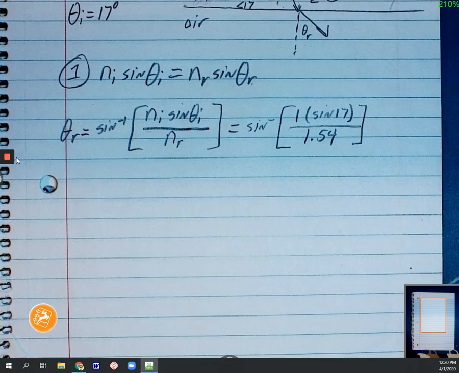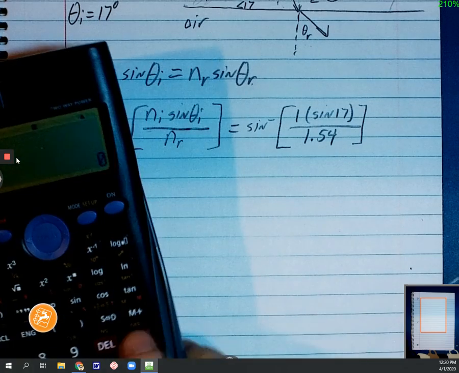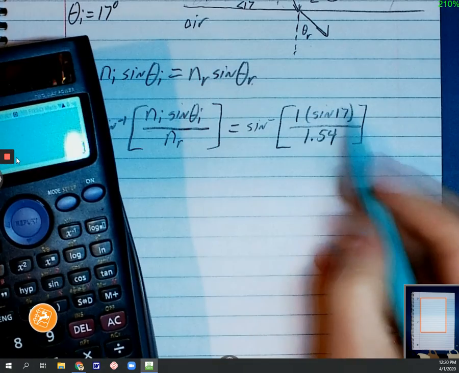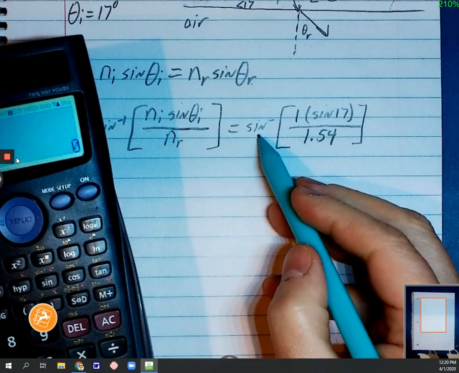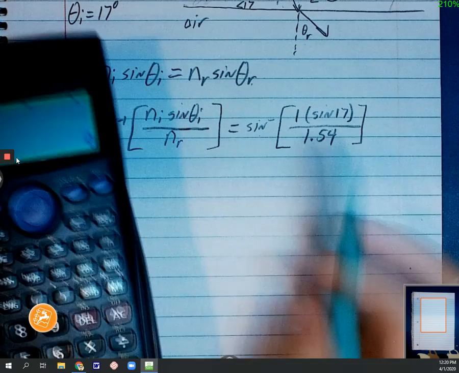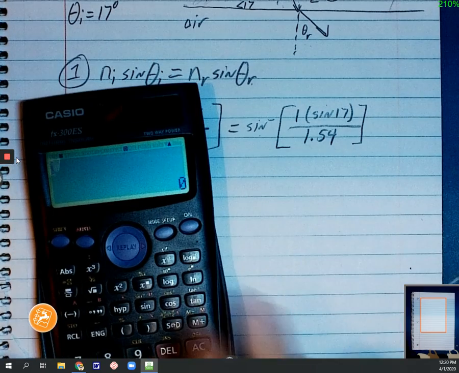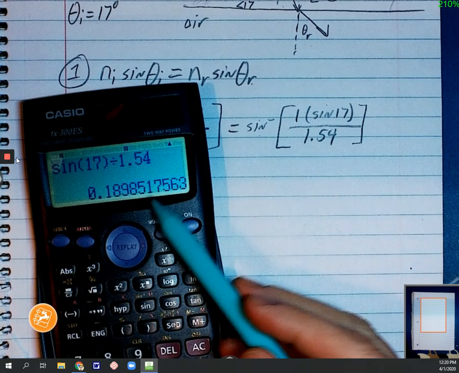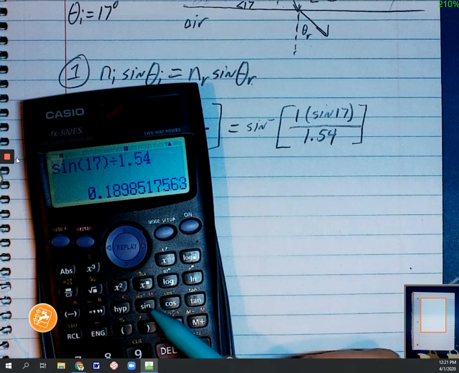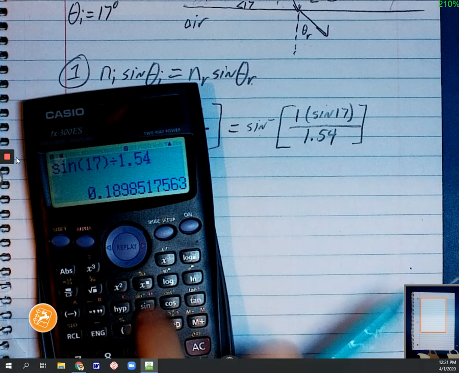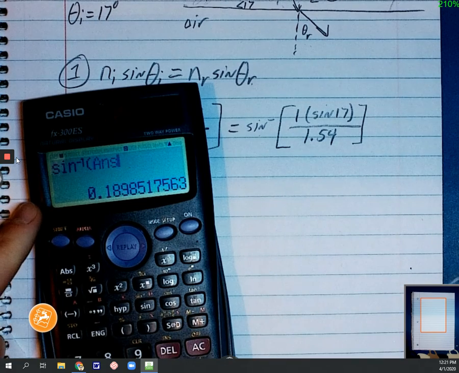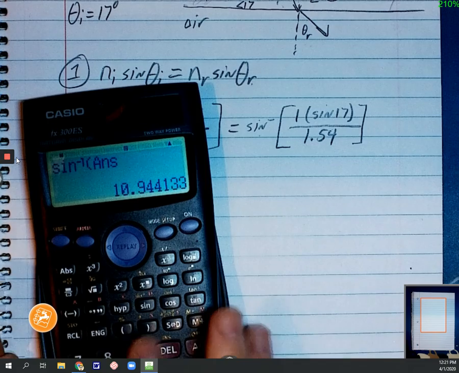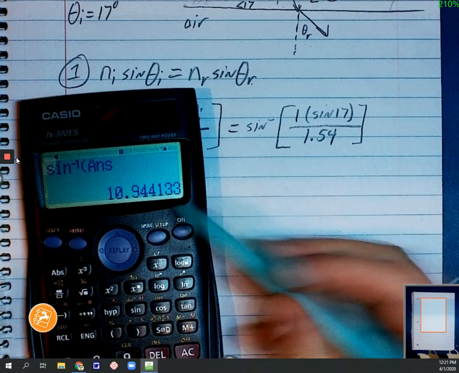So let's calculator that. Okay, again, I'm going to do what's inside here, and then I'm going to do inverse sine to that after I do so. So I'm going to start with sine of 17 divided by 1.54. Okay, that gives me this number right here, and so when I do sine to the negative 1 of my answer, I get that my angle of refraction is 10.94.